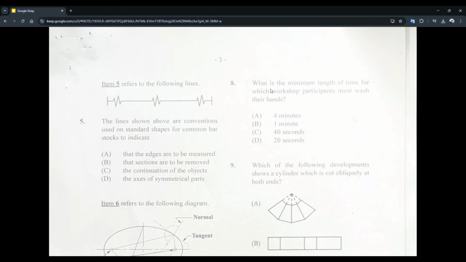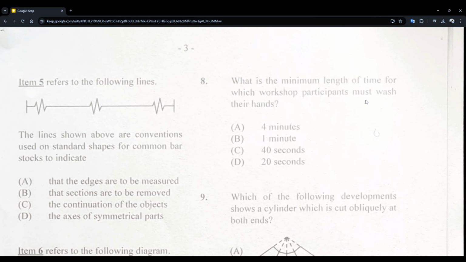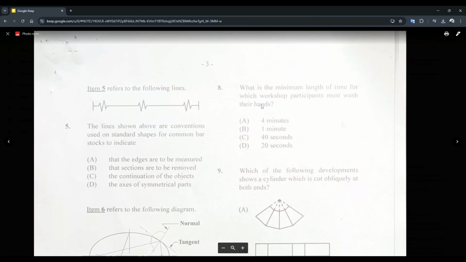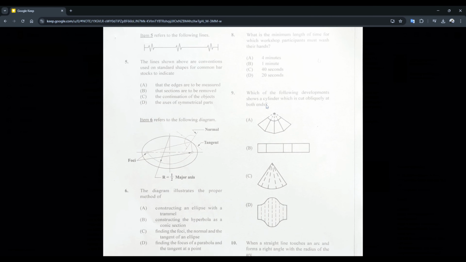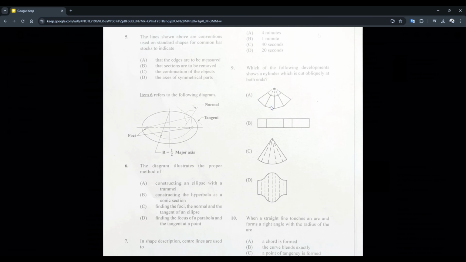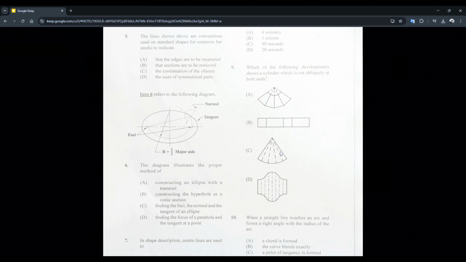Number 8. What is the minimum length of time for which workshop participants must wash their hands? The answer is 20 seconds, D. Number 9, which of the following developments shows a cylinder which is cut obliquely at both ends? This is not a cylinder, neither is this, neither is this.